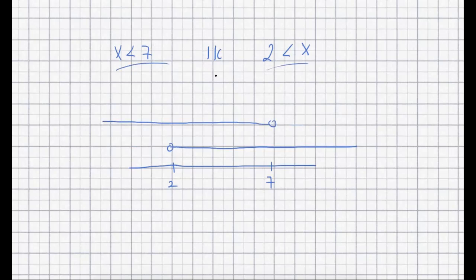So when we have או, we take all the lines. This line goes from 7 to the left, and this line goes from 2 to the right. And they cover all the numbers. So every number I choose will meet one of those conditions. So the answer would be כל x. It's a bit confusing.